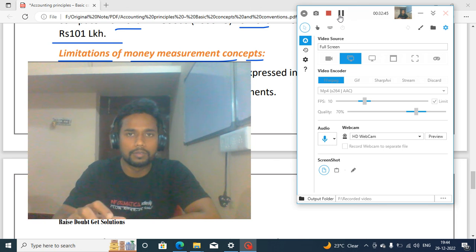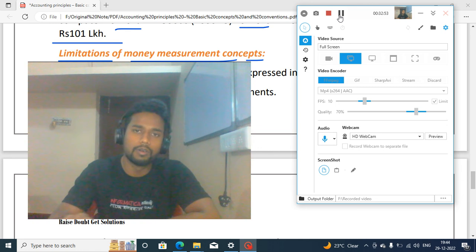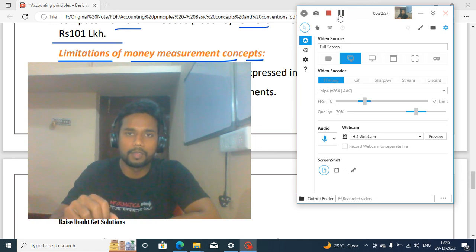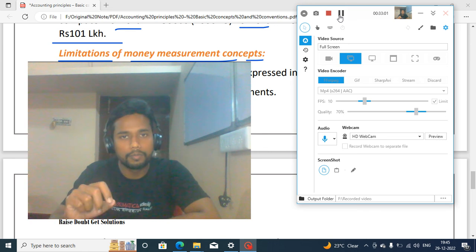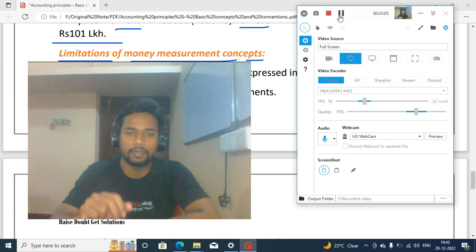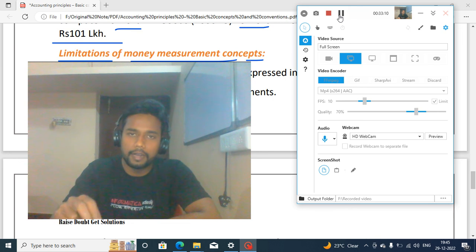How? For example, we purchased a building 5 years ago worth 50 lakhs. Now, in the current year, that building is worth double, like 1 crore. But we are showing 50 lakhs in the financial statement.